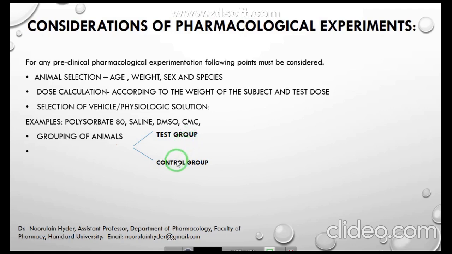The control group is the group of animal in which simple saline or any other vehicle is given and that serves as the control for measurement of pharmacological activity of test compound. For both of the groups, all the parameters related to animal housing and food should be the same.